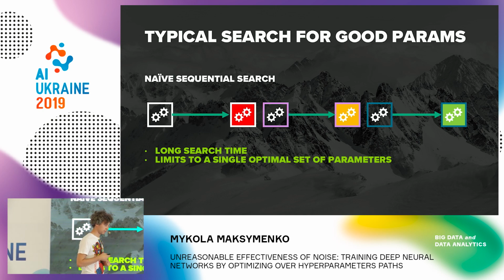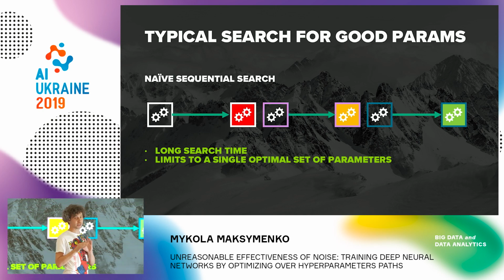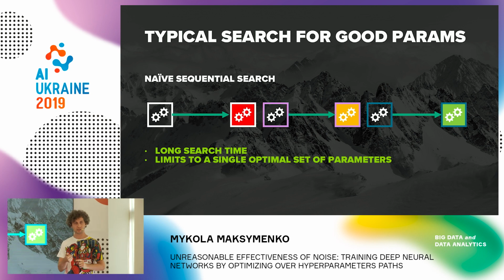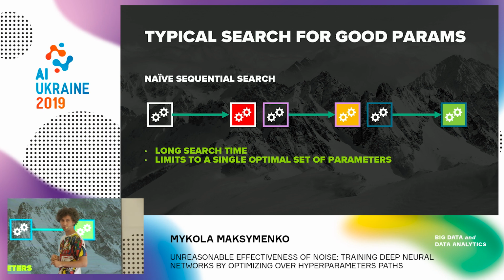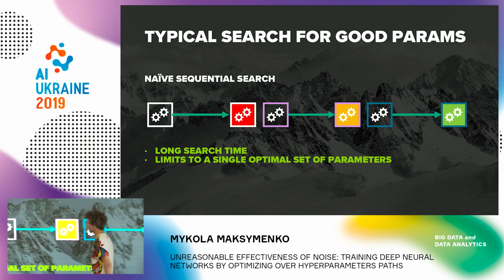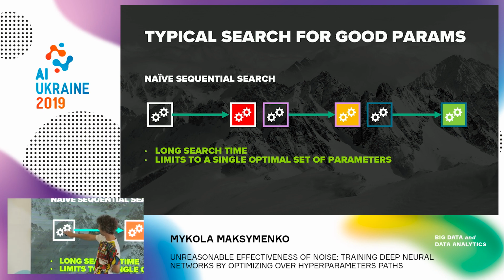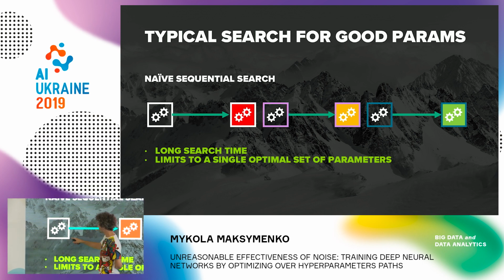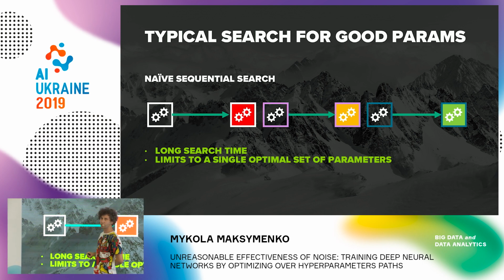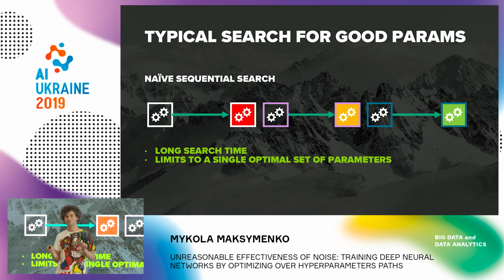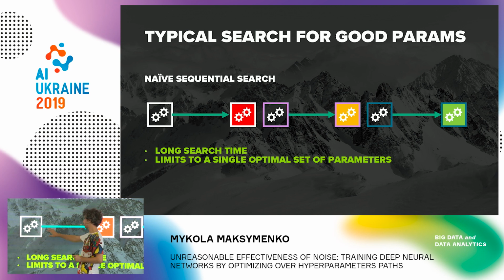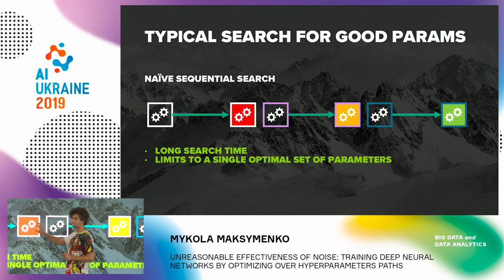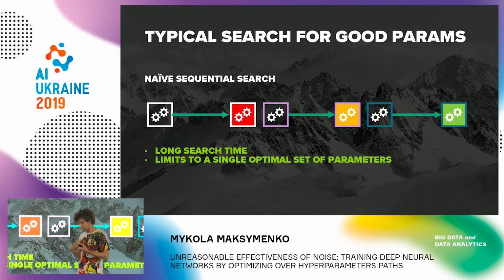We do this currently without joining spaces, in either a very naive way or in a slightly less naive way. Naive sequential search is such that you start with some model. Here I have a model, which is these white things, and the color of the border of this square represents the hyperparameters. You start with some model, you train it over time, and then you discover that the actual performance of the model is very bad.